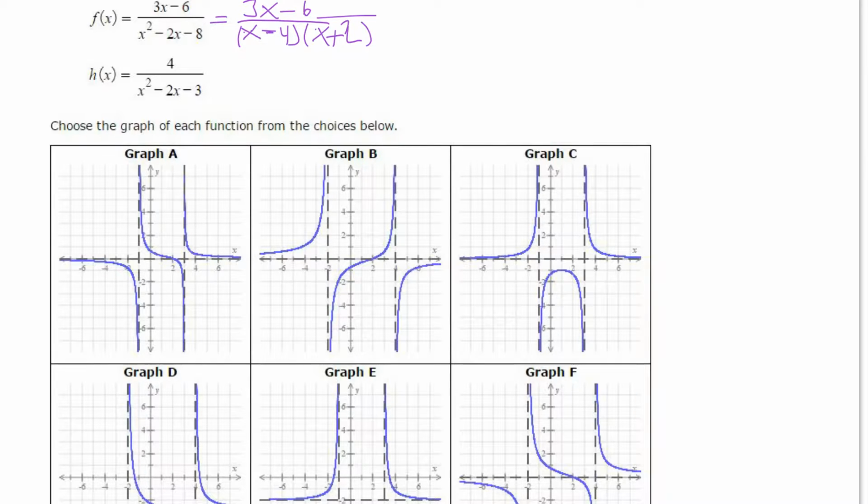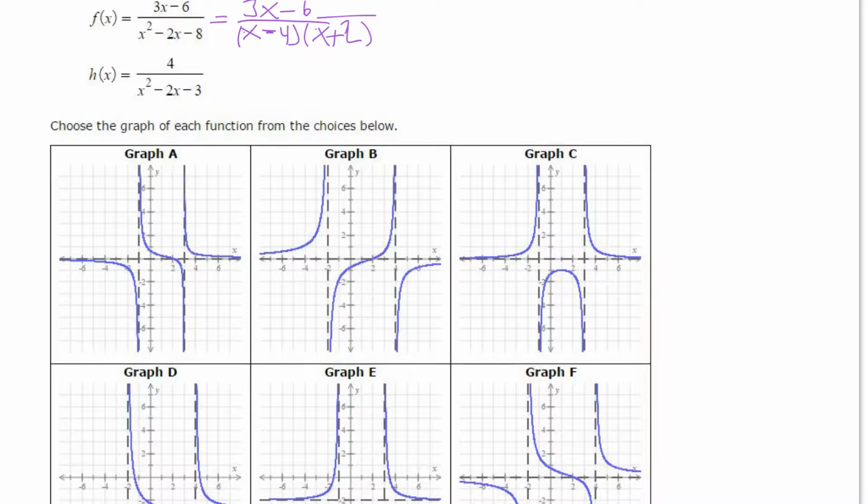So if I take a look at that being factored in the denominator here, remember that can never equal 0. And when that denominator does equal 0, I'm going to have these asymptotes. So if you can see these little dotted lines in these graphs, those are your vertical asymptotes. So if I set this equal to 0, that gives me my vertical asymptotes.